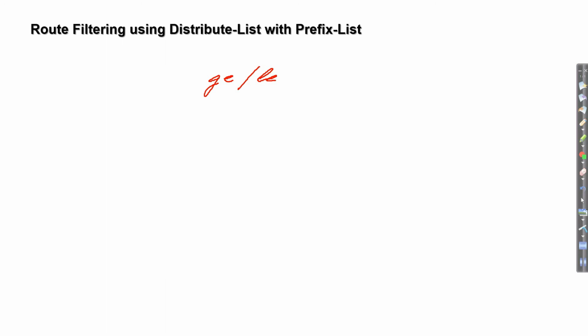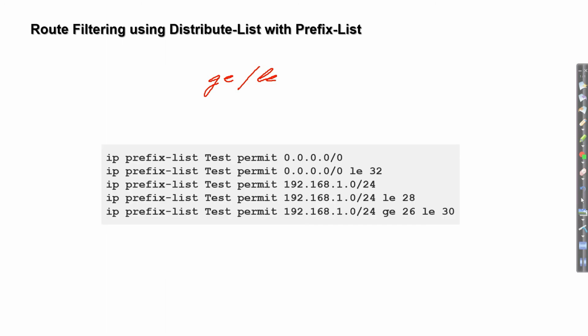Here are a few examples of Prefix-List. The first example must match 0.0.0.0/0, which is the default route only. The second example is 0.0.0.0/0 all the way to less than or equal to /32, which matches all networks. The third example, only 192.168.1.0/24.